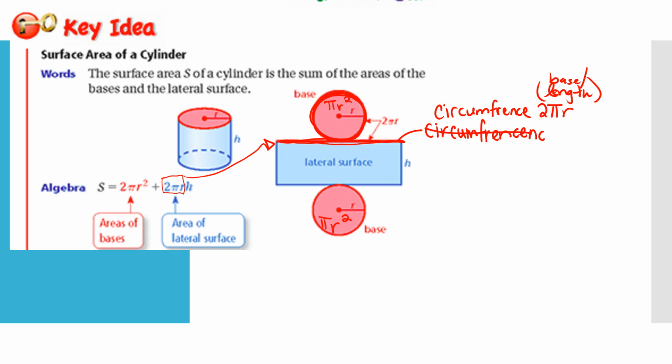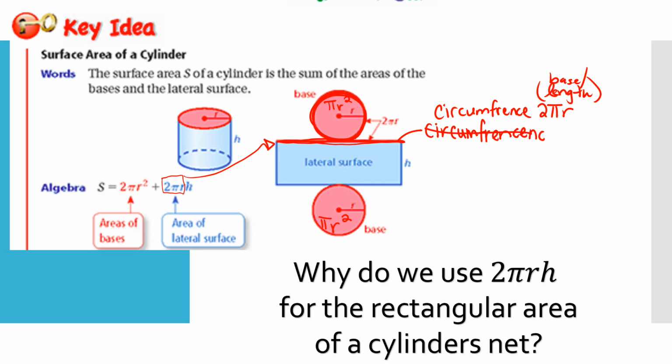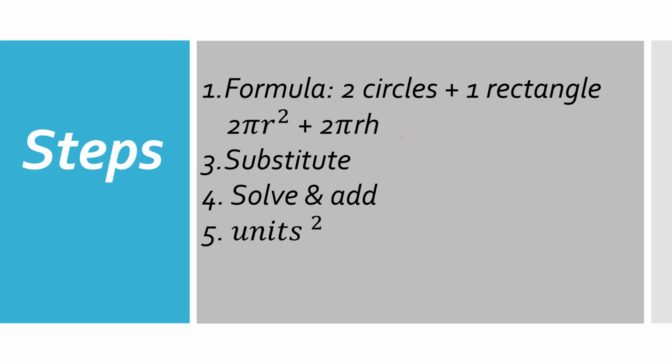But because that makes up a circle, that distance around a circle, we don't just use base times height or length times width. The base happens to be a circumference. So again, why do we use 2 pi r h for the rectangular area of a cylinder's net? Because 2 pi r represents the base because it goes around a circle, and then times the height.